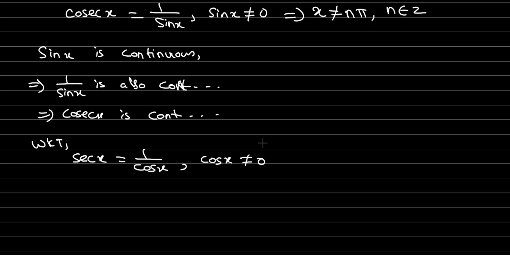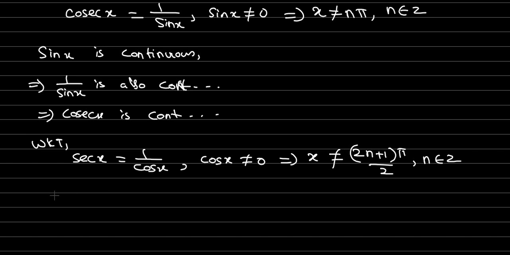When cos becomes 0, we know very well, x should not equal 2n plus 1 into pi by 2, where as usual n belongs to some integer. So cos becomes 0 at 2n plus 1 pi by 2. Since cos is in the denominator, it should not become 0. Other than this, it can take any other values. So we only need to state this for the domain.